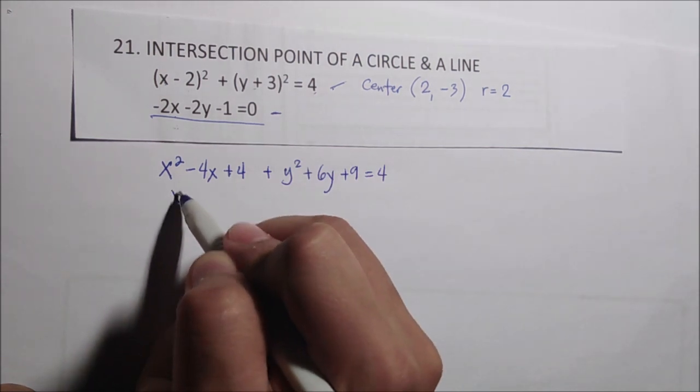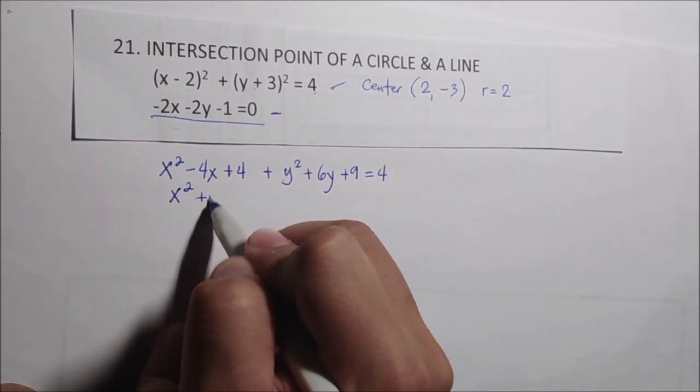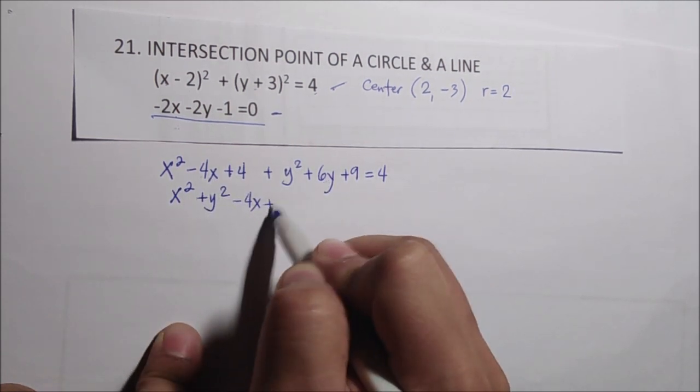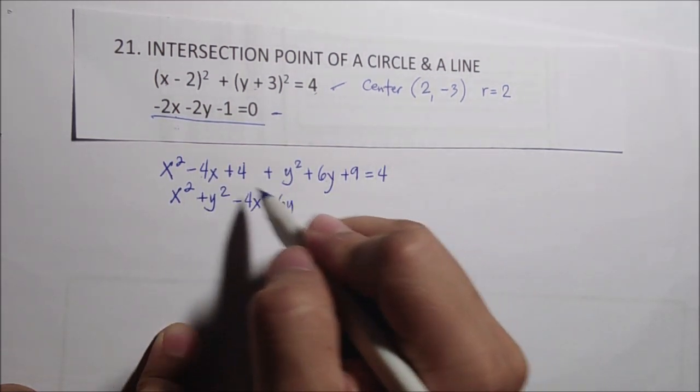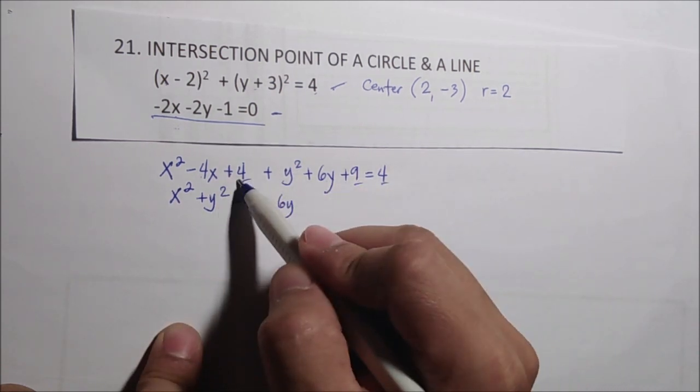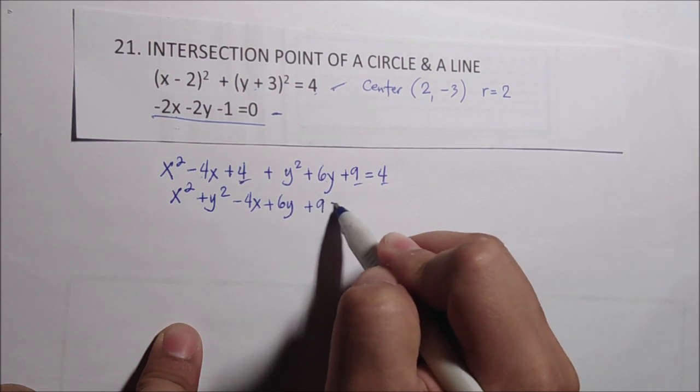So let's rearrange: x² + y², then −4x, then 6y, and then for the constants we have 4, 9 and −4. This will become 0 and +9 = 0.